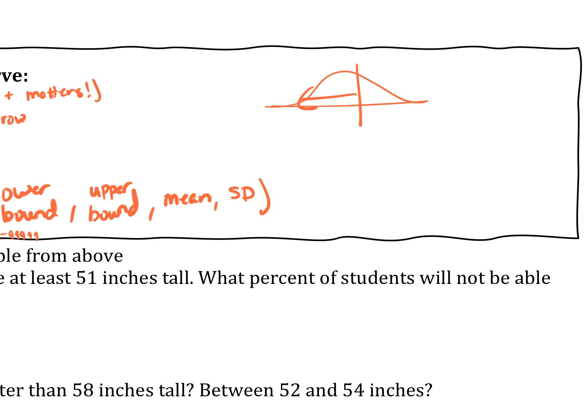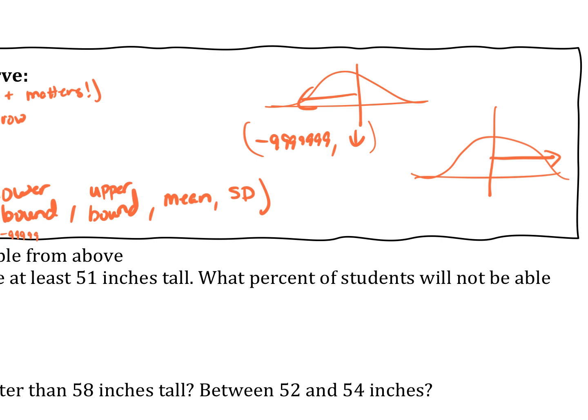If that's what we're doing, then our lower bound is that negative 99999 or negative infinity, and then we're going up to whatever this place is. That's gonna be our lower bound and our upper bound. But let's think about this for a second. We might also be asked to figure out, from a particular location, the area under the curve going from that point and higher.